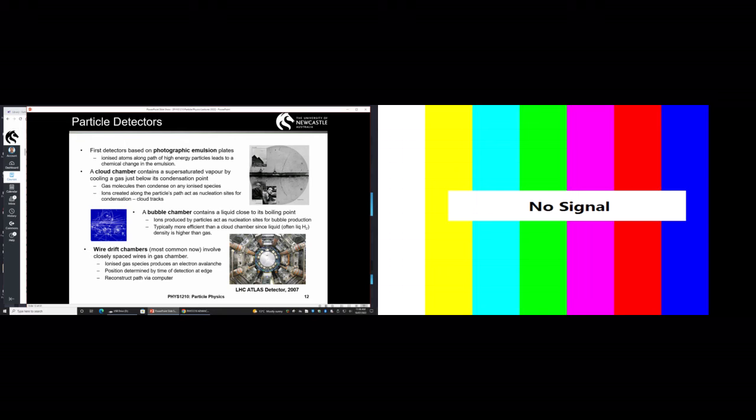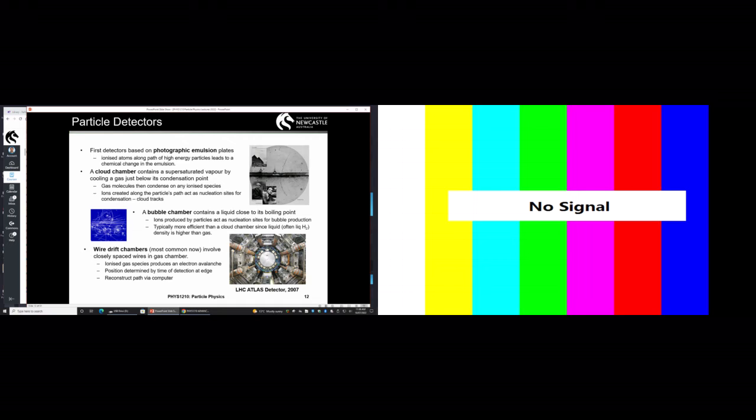Now eventually we smash these particles into each other with the idea being that they kind of explode and we can see all the bits that they're made of. And then you've got to figure out, well, how do you actually detect all the bits that come out? So again, there are various different ways to do that, and from top to bottom is, I guess, the historical development of how that happened.